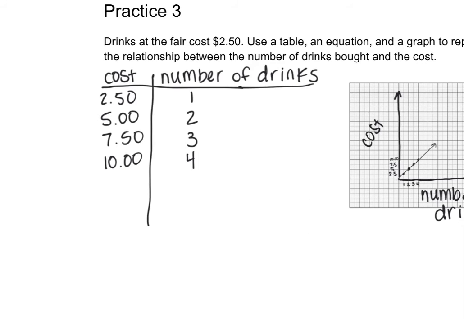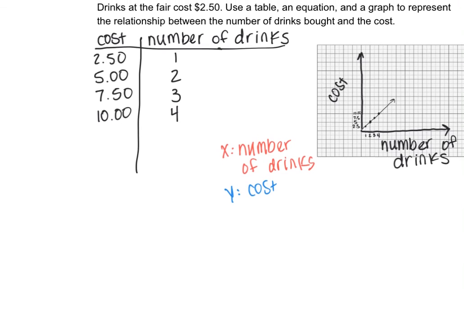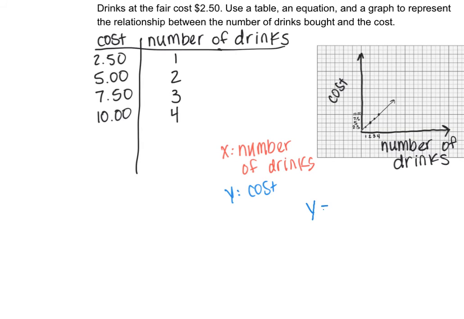Let's be consistent here. So x will be the number of drinks, and y will be the cost. So whenever we say y equals, we're going to have to find out how much the cost should be for the number of drinks.